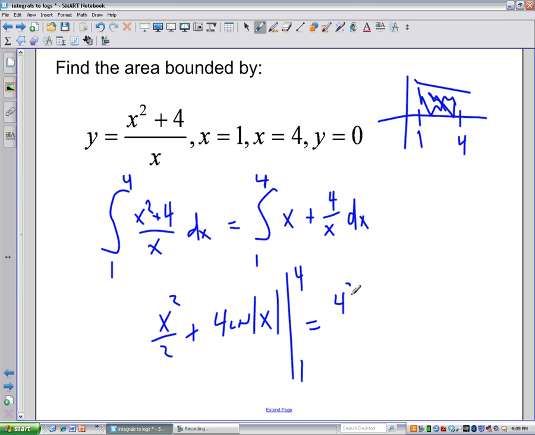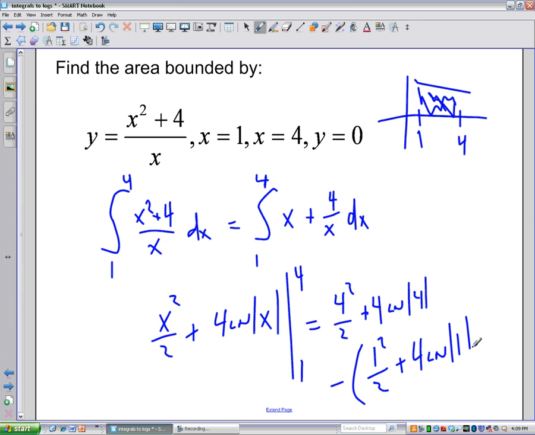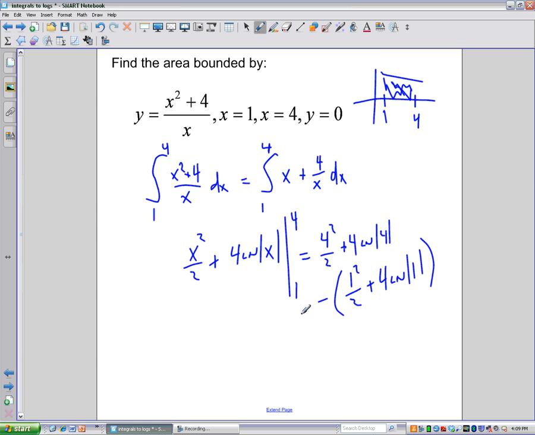We've got 4 squared over 2 plus 4 natural log 4. Okay, that's the first part. Then we're going to subtract away 1 squared over 2 plus 4 times the natural log of 1. Use parentheses, I guess. All right, so 4 squared is 16. 16 divided by 2 is 8, plus 4 natural log of 4. 1 squared is 1. 1 divided by 2 is a half.